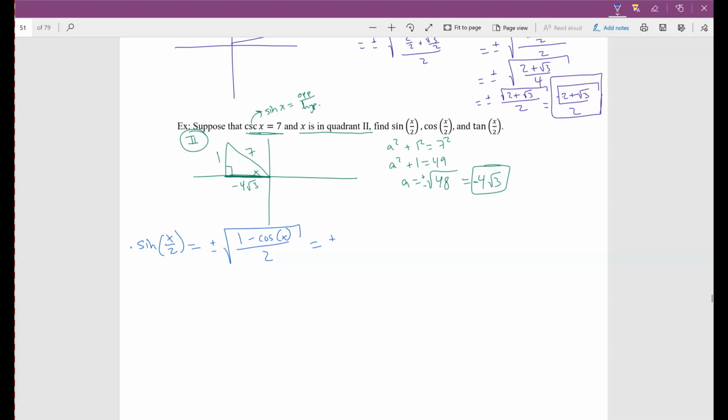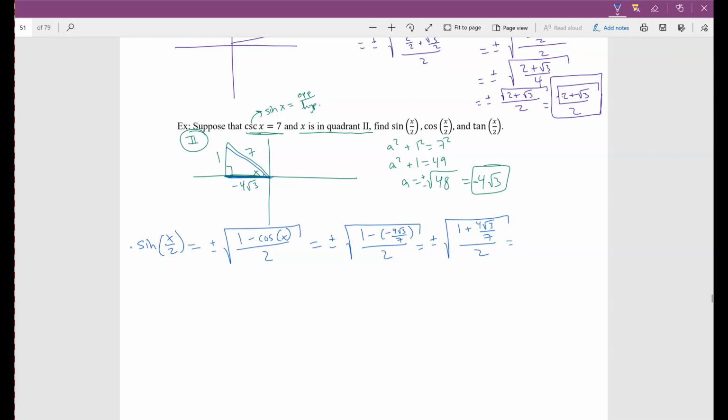The cosine in this case is going to be the adjacent over the hypotenuse. That's going to be negative 4 square root of 3 over 7, divided by 2. So this is plus or minus the square root of 1 plus 4 square root of 3 over 7, divided by 2.